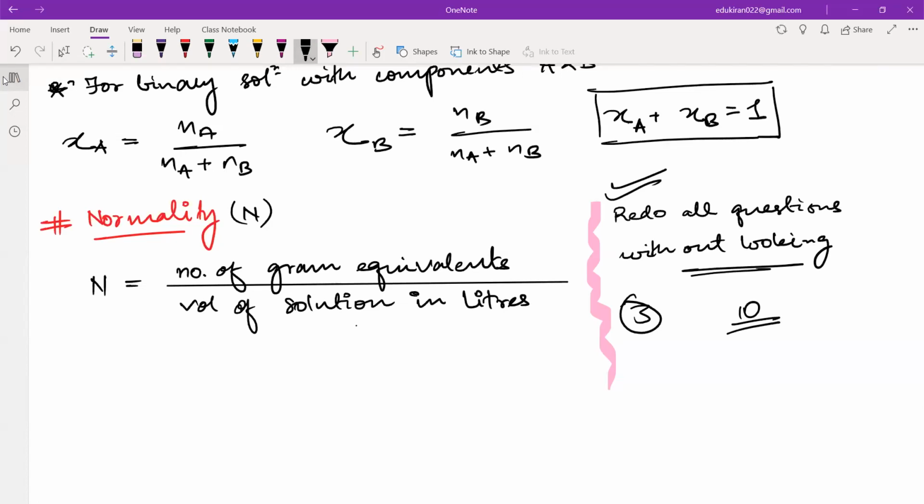Today you will get assignments with questions, so approximately you will be doing at least 15 questions when your 2 classes are done. If you are done with 15 questions just on concentration terms, there will be no question left in the NCERT that you cannot do. So please redo all the questions that I am doing in the class, because in class we do them, and you do very few questions on your own. So redo all the questions.